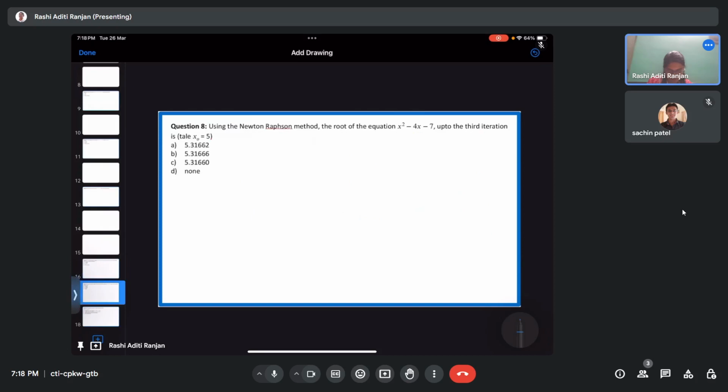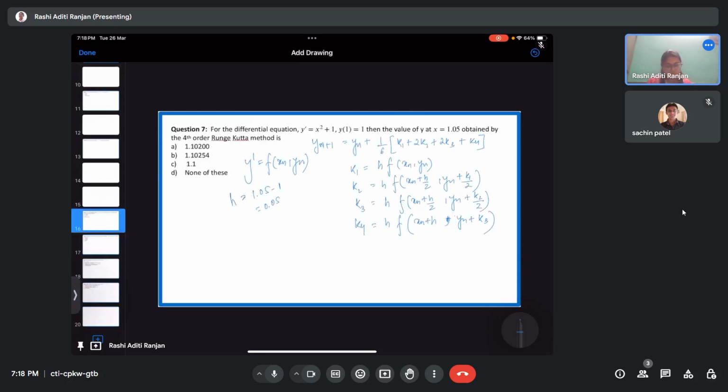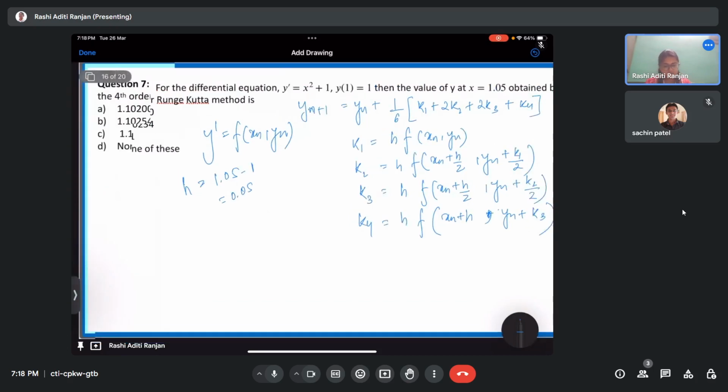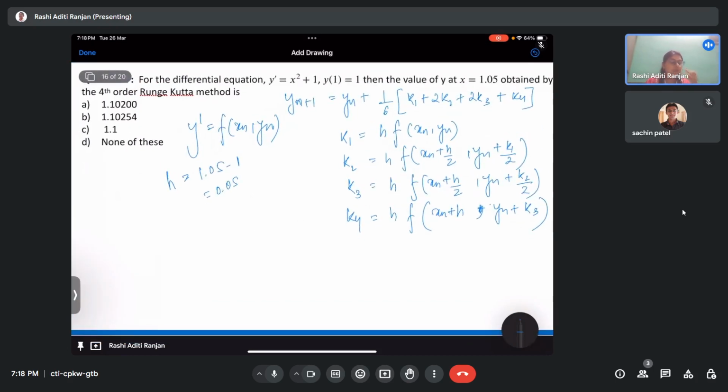I think I have 3 questions remaining. Okay, see. Now if I put up the values, I have my xn as 1, I have my yn as 1. Correct? Now if I want to compute k1, which is h, which is 0.05, into f of (1, 1), and f is x square plus 1.